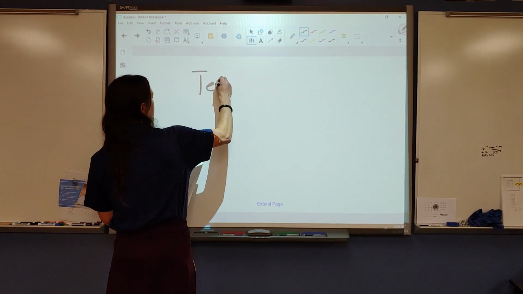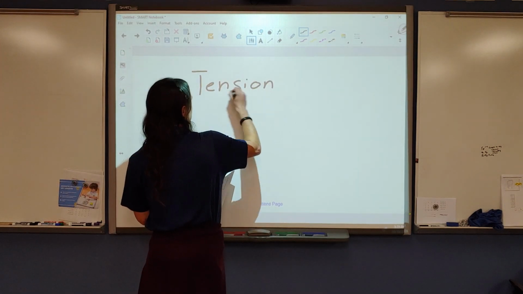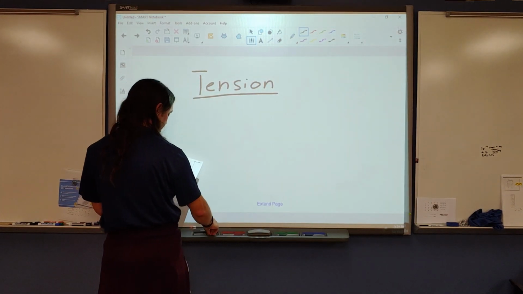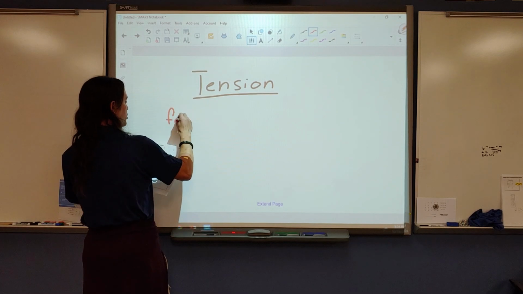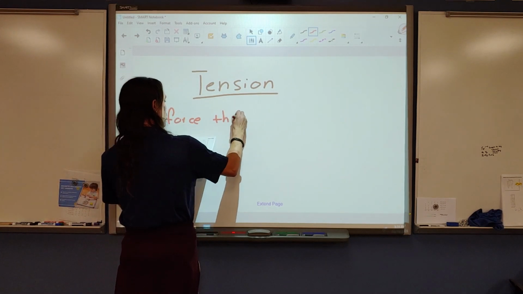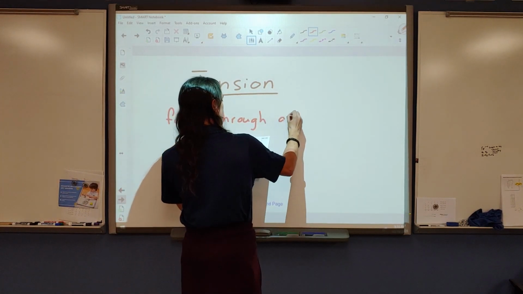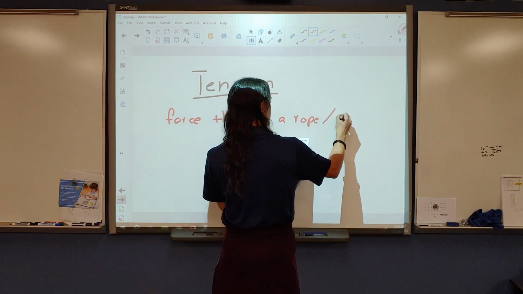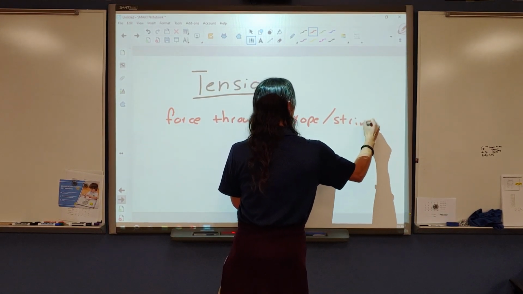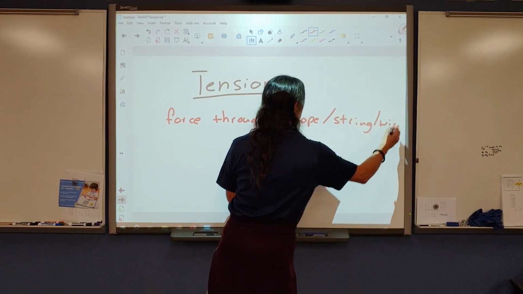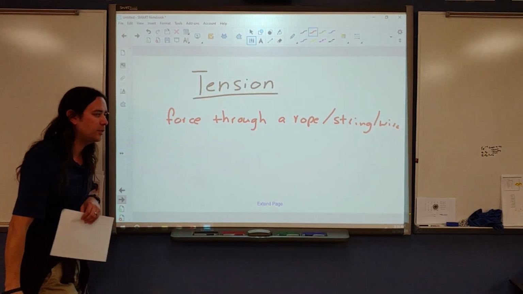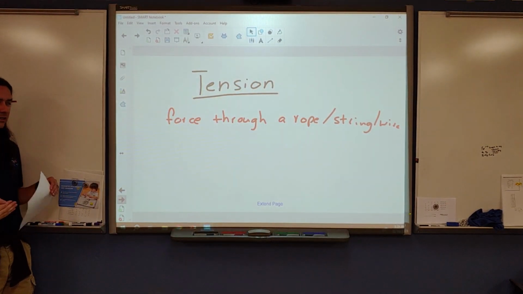So, moving forward. The main one that we're going to take most of the time looking at is tension, or force of tension. In this case, this is the force through a rope, or string, or wire, or sometimes cable. I think the AP exam is going to try and clean things up a little bit.